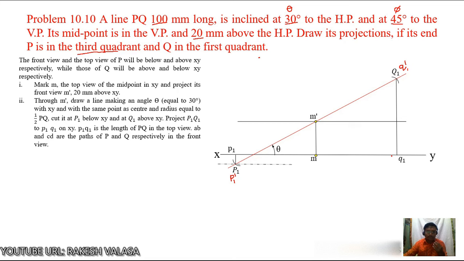Similarly, at P1 or P1 dash and Q1 or Q1 dash, draw the locus lines. This is the locus line AB. This at Q1 dash is the CD. Here you can read the statement.